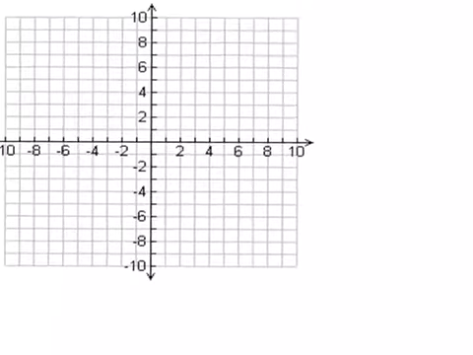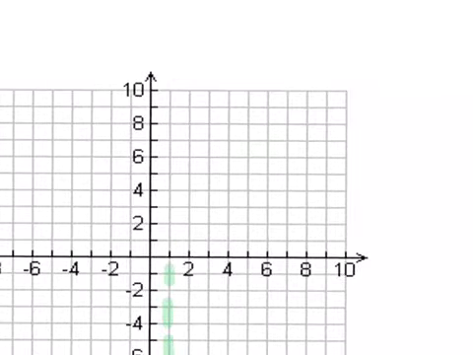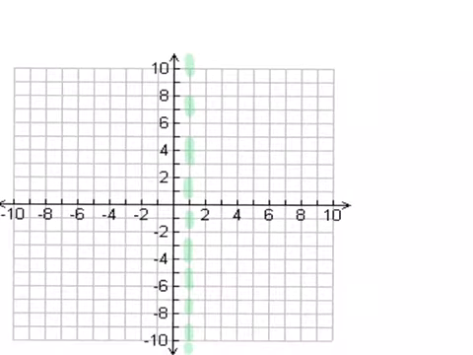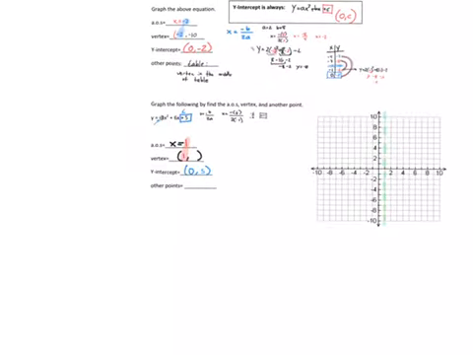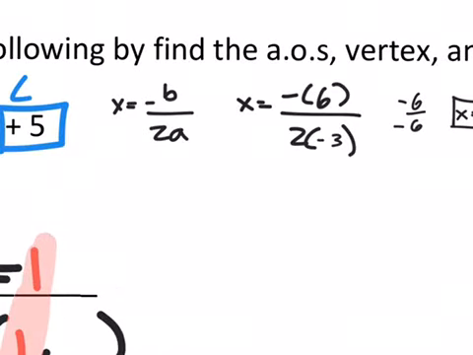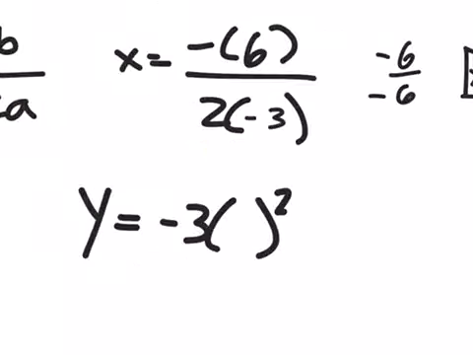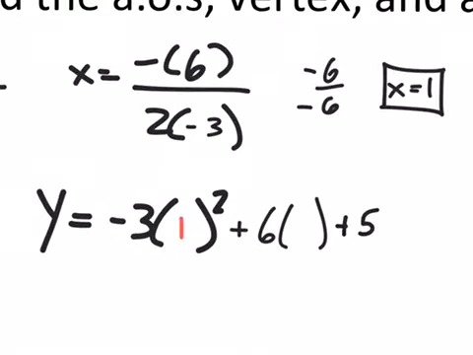So on our graph, we now know that along this dotted line, that's where we'll be symmetrical. To find out where the vertex goes on that, we will have to plug in that x value back into our equation. So we have y is equal to negative 3x squared plus 6x plus 5, and we're evaluating at 1. All right, well, 1 squared is 1 times negative 3 is negative 3.